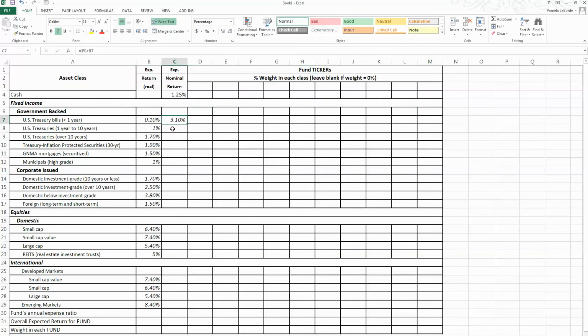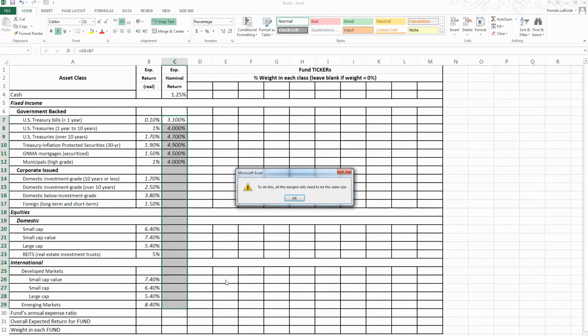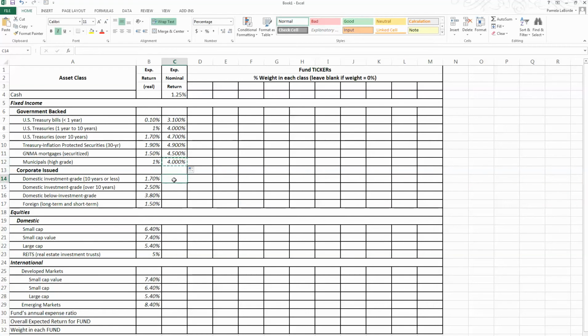But then, so I've added my 3% to the value in the previous column, and I can just drag this down and it should work fine. Oops, it didn't like that. I'm just going to copy it and paste it. I don't know why that paste isn't working. I'll just type in 3% again. Oh, what the heck is going on?